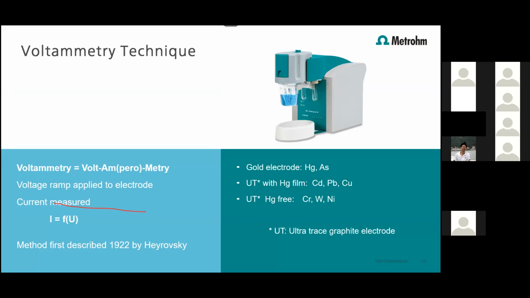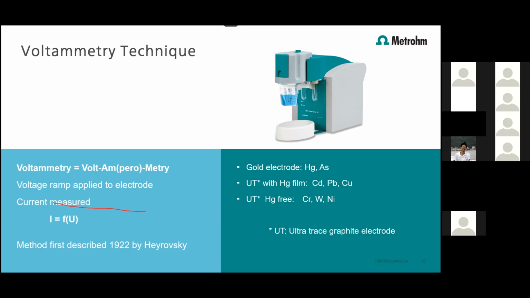It can measure nearly all the common metals, almost all small metals. So can it replace other technologies like atomic absorption spectroscopy or ICP?